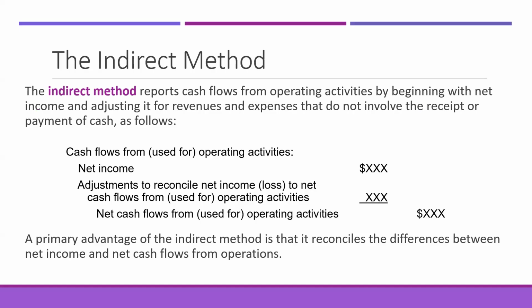For example, dividends payable is a current liability, but that'd be a financing activity because dividends are payments to shareholders. Compared to accounts payable, changes in accounts payable impact operating cash flows because accounts payable transactions are regular transactions of the business.